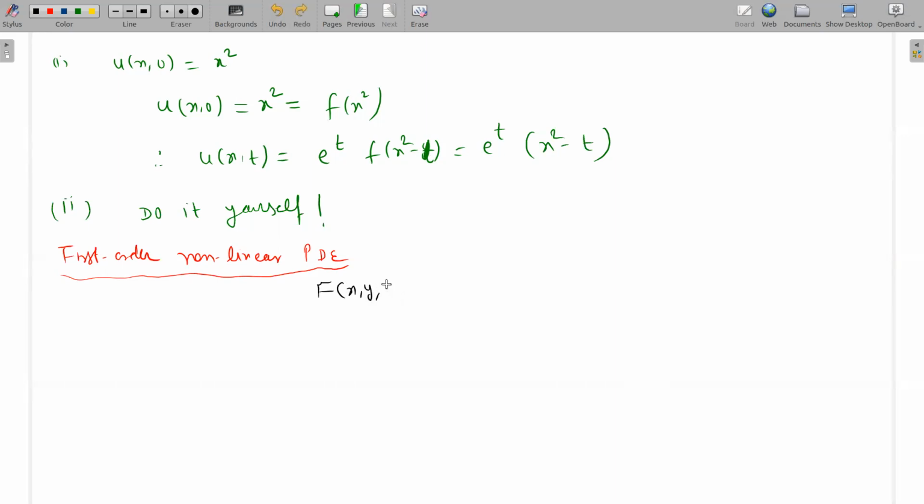You can write z or u. Or if you specify u_x equal to p, u_y equal to q, then you can also write these equations in this form F(x, y, u, p, q).